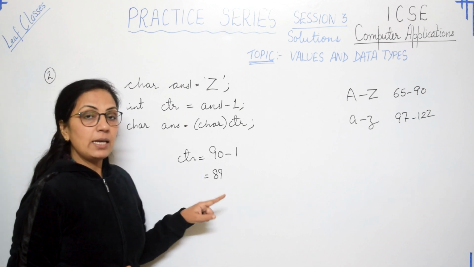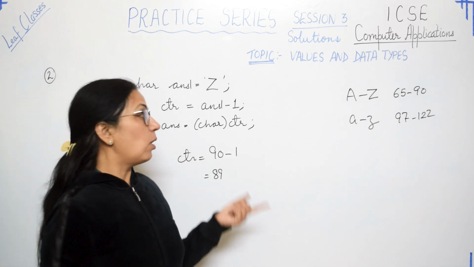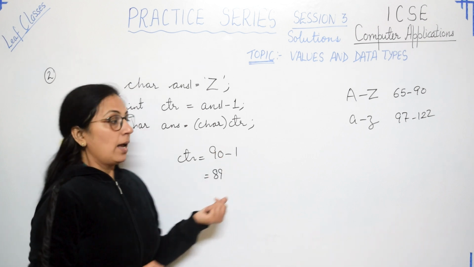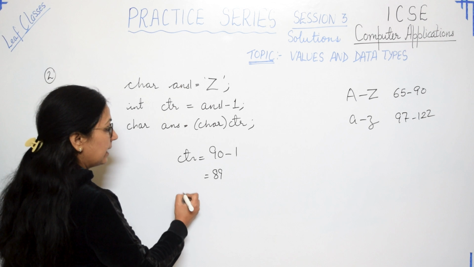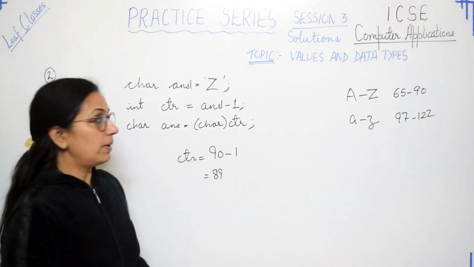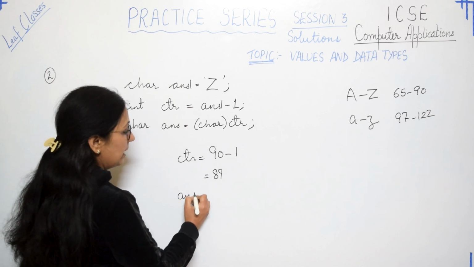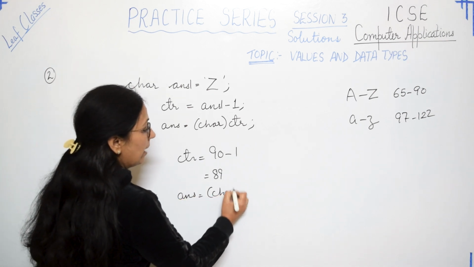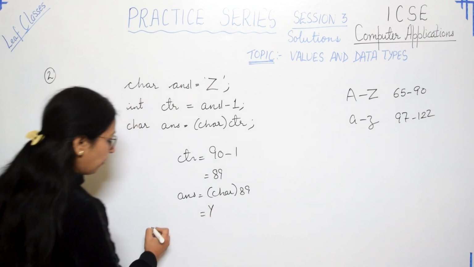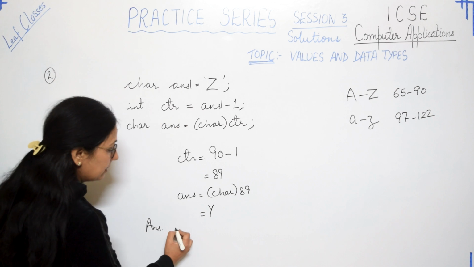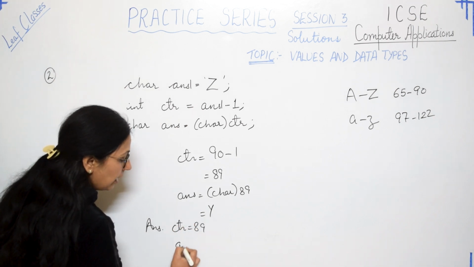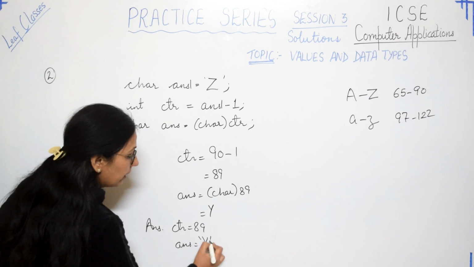CTR is 89 and the character value of 89 is capital Y, right? So you will be writing like this. You can solve it, or directly also the answer can be written. So I will write here ANS equals to char of 89. This is equal to Y. So afterwards you can write the answer like this. Answer: CTR equals to 89 and ANS equals to Y.